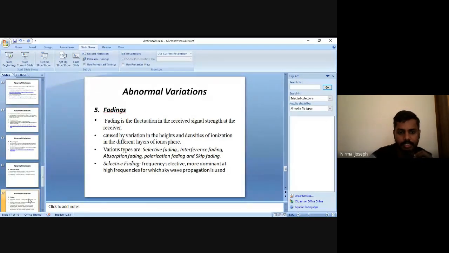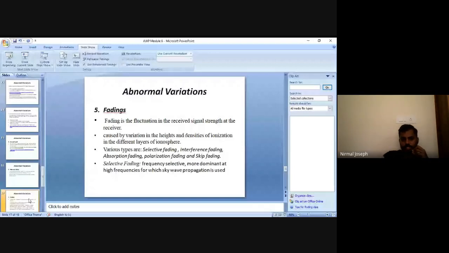It is the fluctuation in the received signal strength at the receiver. The received signal strength at the receiver will be fluctuating. We cannot correctly identify the received signal from the signal strength, or from the coming signals. It keeps on fluctuating.